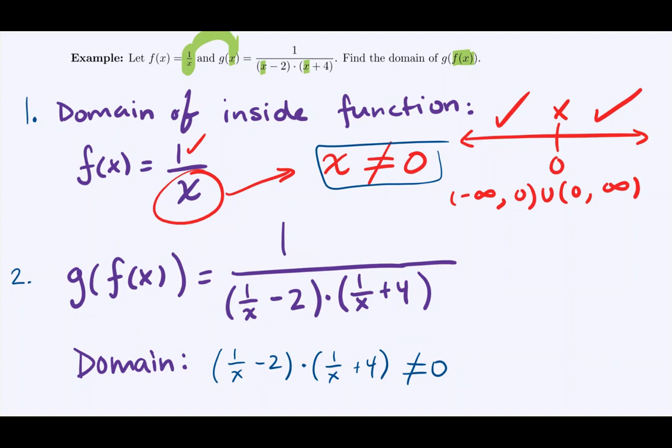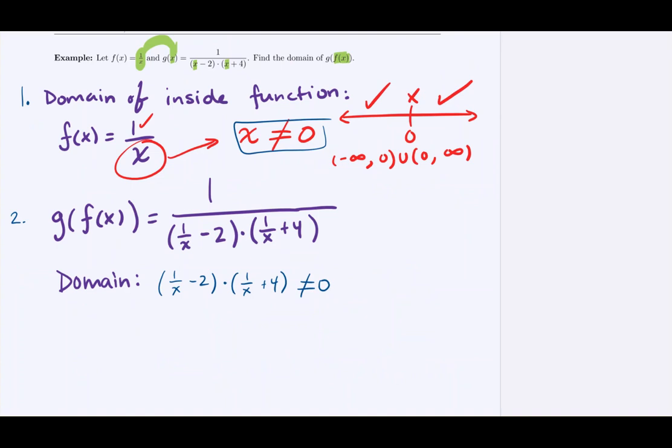So if we can just find where this would avoid us being, then we can combine everything together for our step 3. Now remember, if this can't equal 0, that means the separate pieces can't equal 0, because the only way a product equals 0 is if one of the pieces equals 0, so that when they multiply, it cancels everything out. So we need to solve this equation. We do not want this to equal 0. We also need to solve this equation. We do not want this to equal 0.